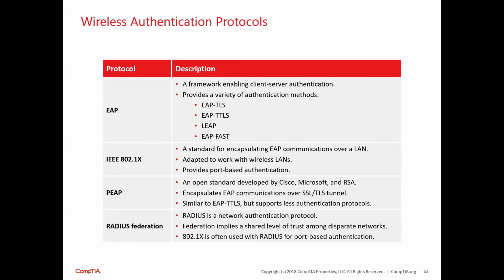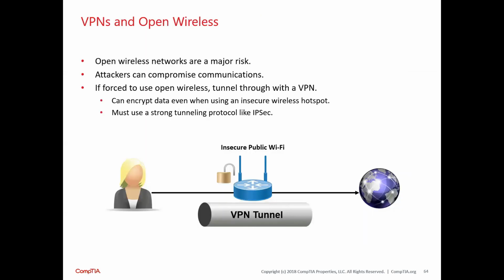Then PAP, which was developed by Cisco, as well as RADIUS Federation, which is a network authentication protocol. So do some reading on the different wireless authentication protocols, because all of these are tested in your exam. You may also have a VPN that allows you to connect to the wireless network, and it also encrypts data throughout the VPN tunnel.